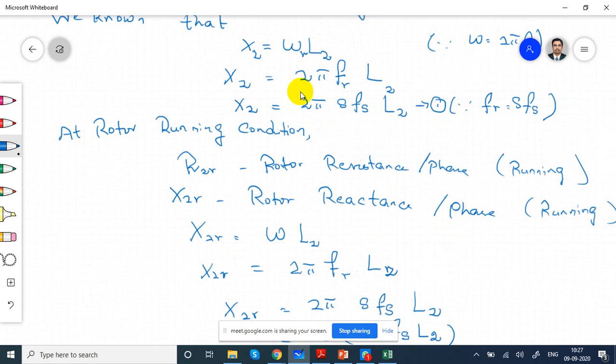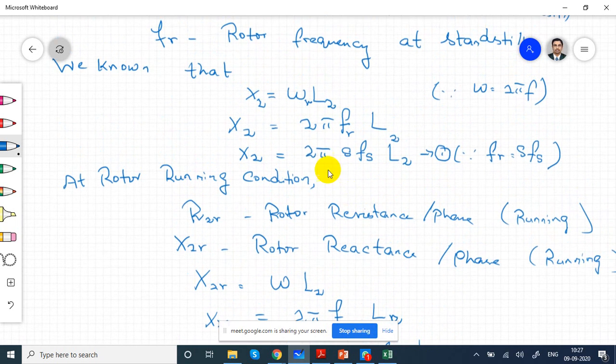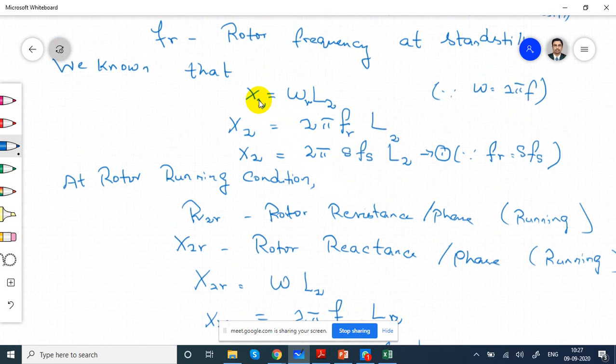So in the above, this condition is for standstill. What is the slip value during standstill? S equal to 1. So instead of s, you have to substitute 1 here.